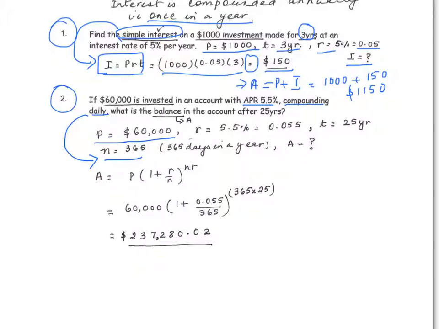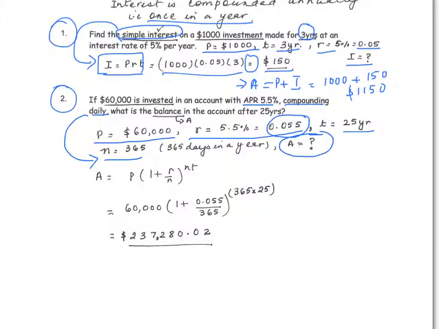R is the rate. Rate can be written as a decimal, 0.055. That's the number you would plug into the formula. We need to figure out what happens to the principal at the end of 25 years. So that would be, what is the accumulated amount at the end of 25 years?